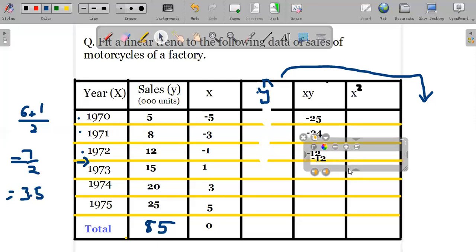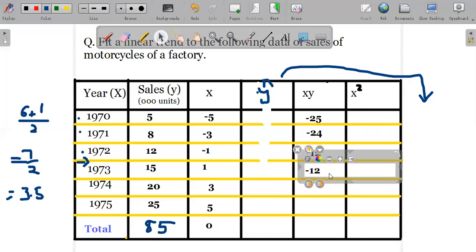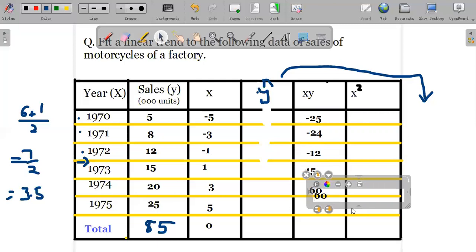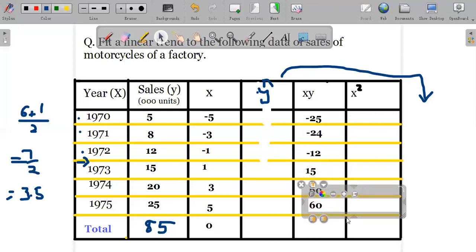I'm doing this quickly. 20 times 3 is 60. So 25 times 5 is 125. If we add these values, we get 139.